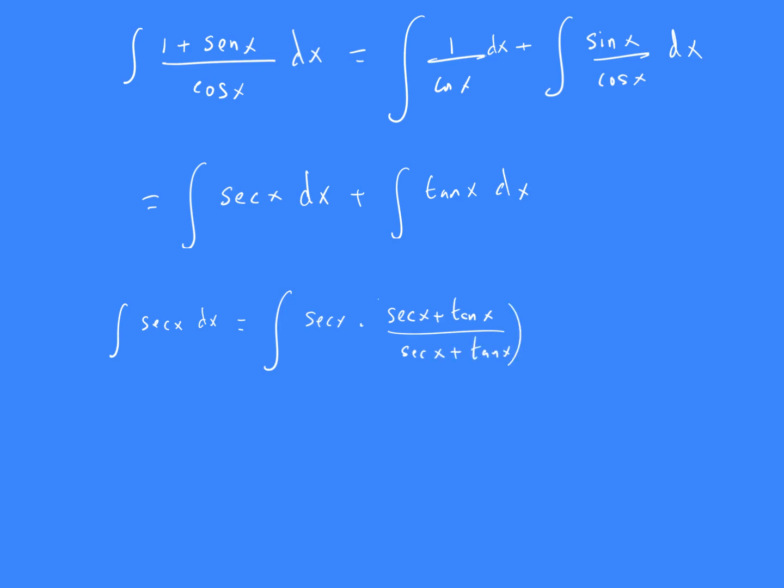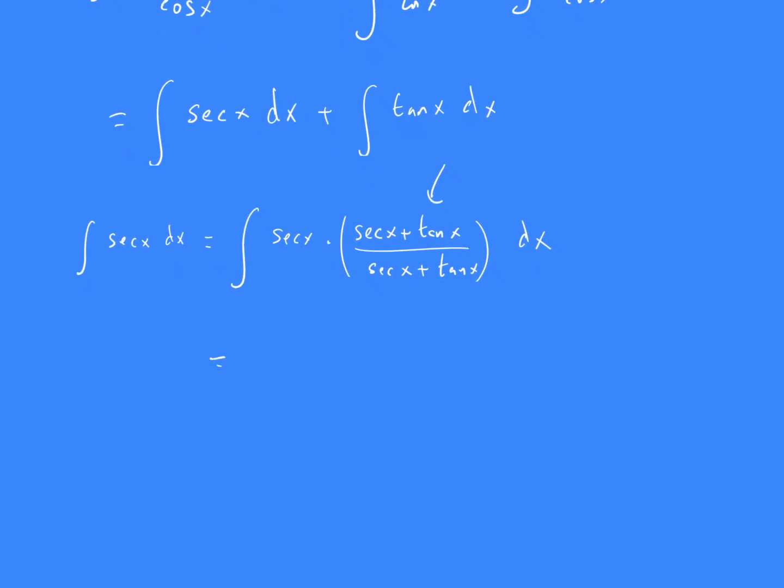So I multiply by 1 dx. What I get now is the integral of secant squared of x plus secant x tangent x divided by secant x plus tangent x.